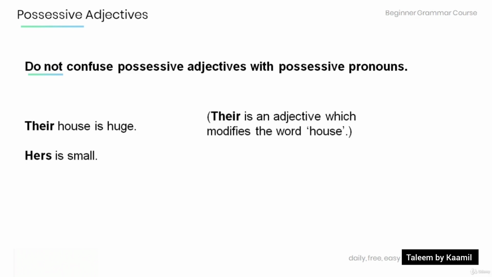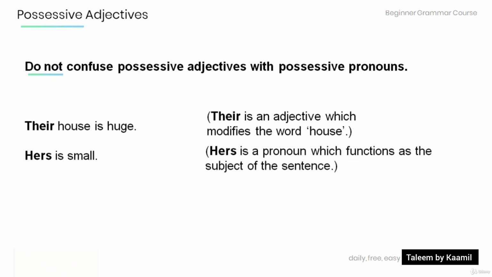Their is an adjective which modifies the word house. Hers is small. Hers is a pronoun which functions as the subject of the sentence.